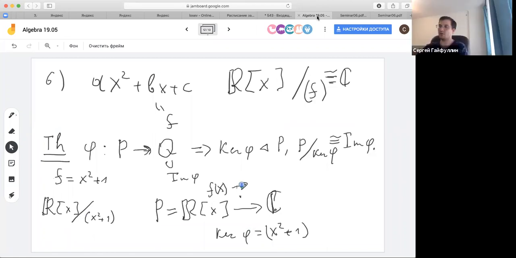So I want to put the image of f from x to what? Have you some ideas? What should be the image of f from x?